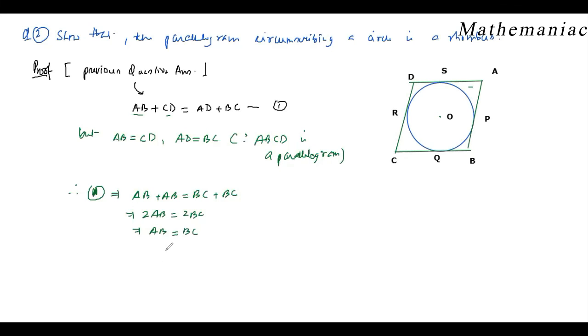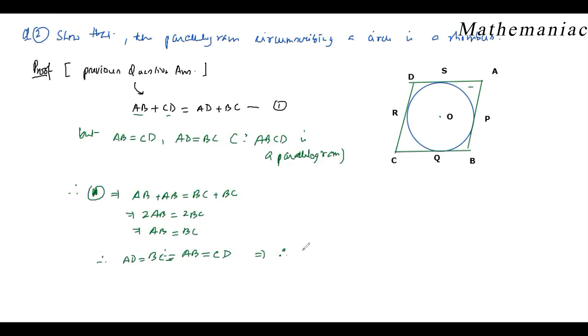Now, if AB equal to BC, just you see, AB was equal to what? AB was equal to CD. And at the same time, this AB you now got equal to BC. And BC was equal to what? AD. Now, can you say all four sides are equal? Yes.